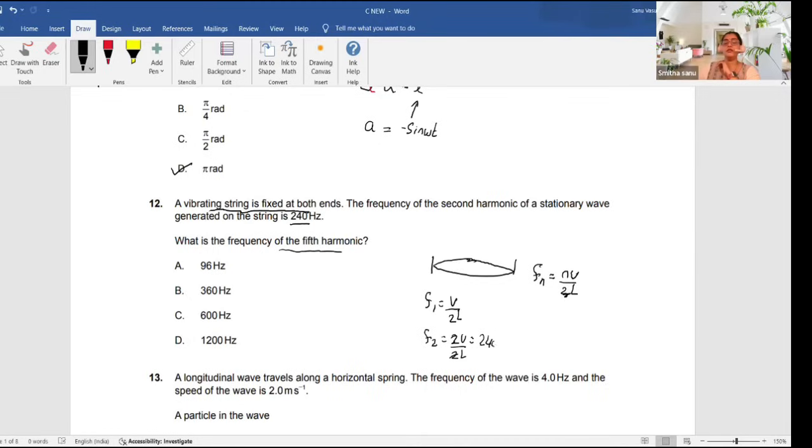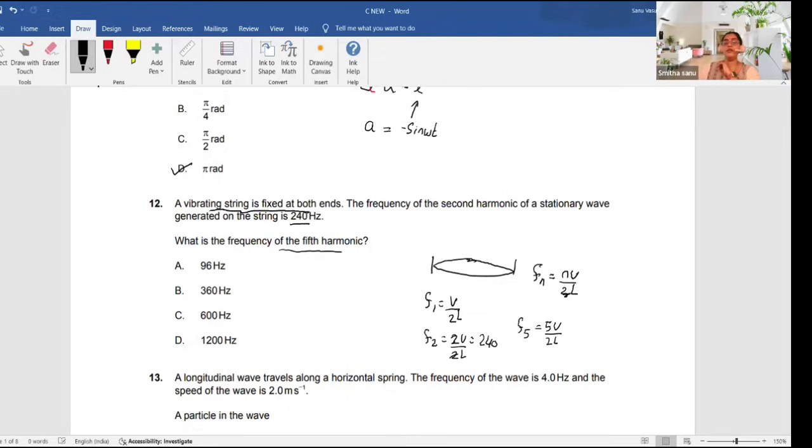So what will be the frequency for the fifth harmonic? F5, just replace n as 5 here. So it is 5v over 2L.